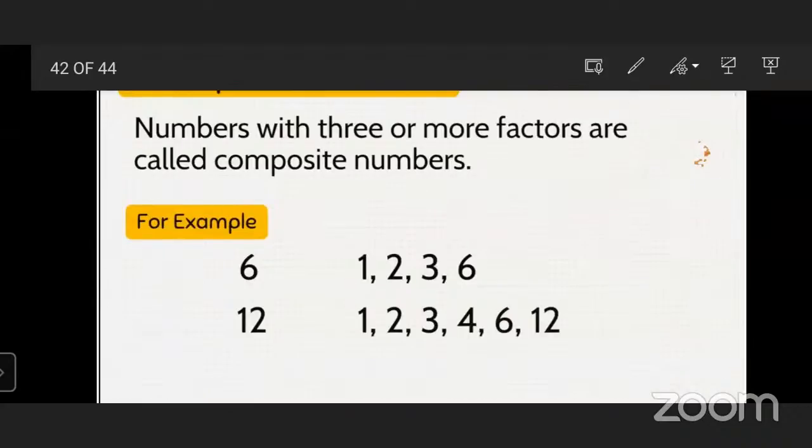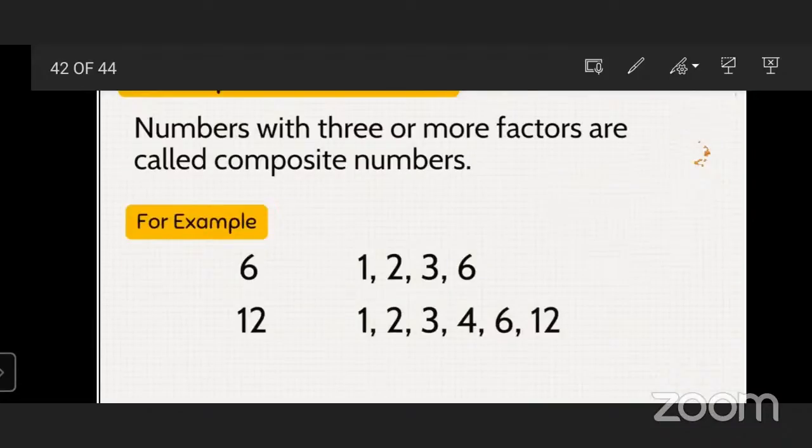Yes, 1, 3, 5 and 15. These are factors of 15. So that's why 15 is a composite number.